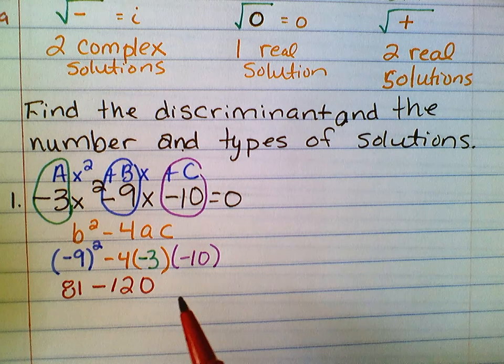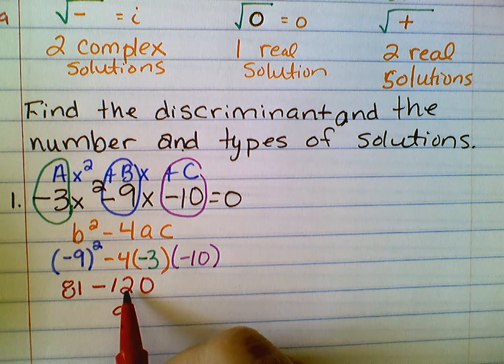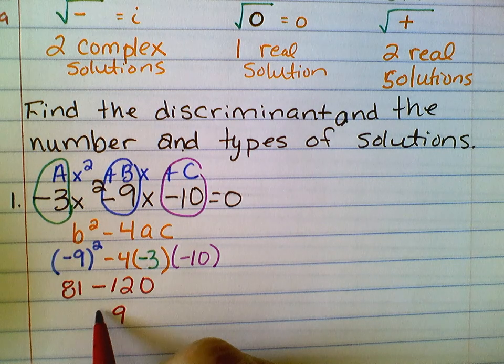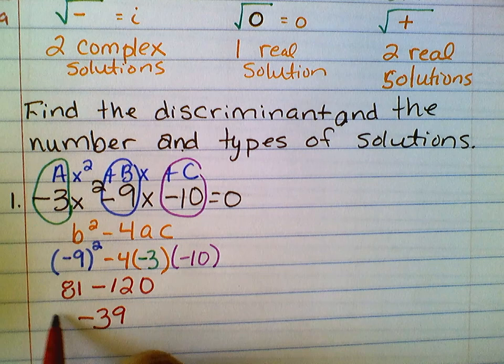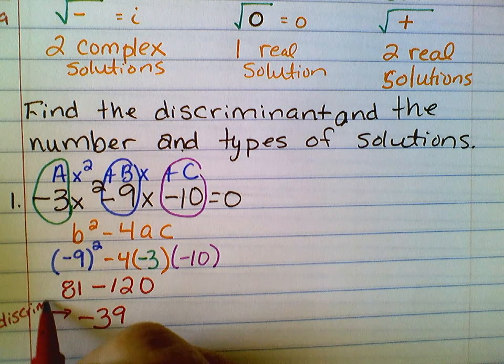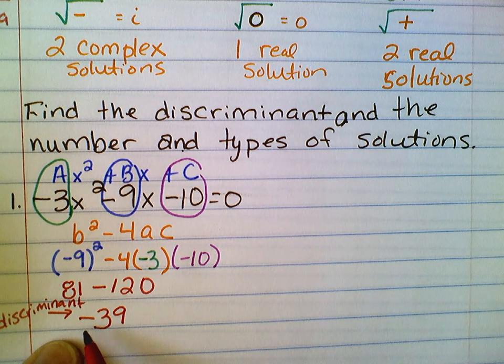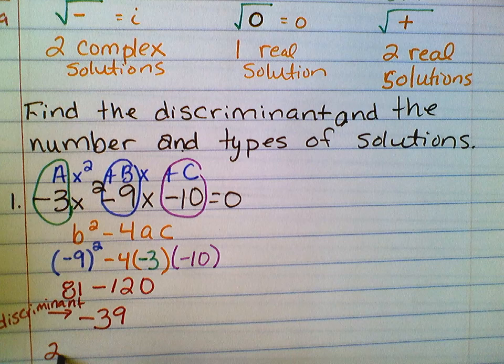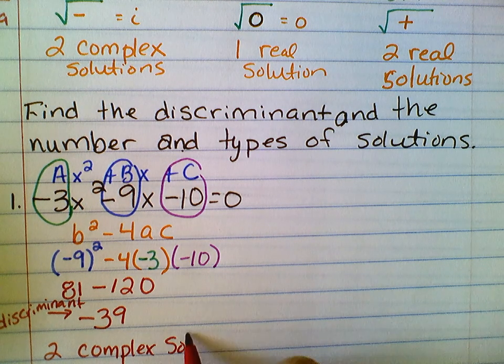And 81 minus 120 is negative 39. So this is the discriminant. And if I were to take the square root of this negative number, I'm going to end up with two complex solutions.